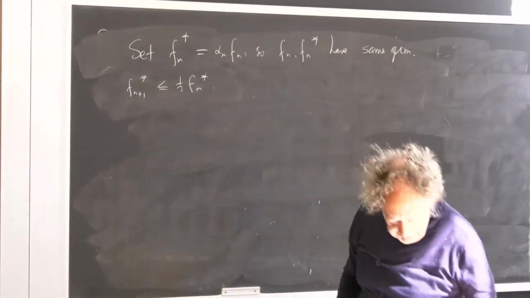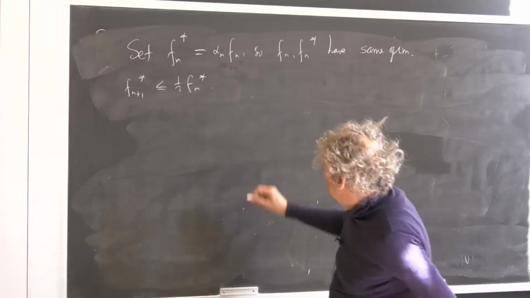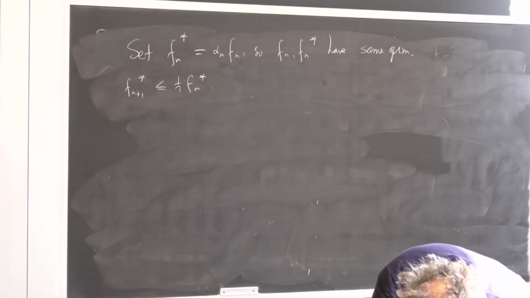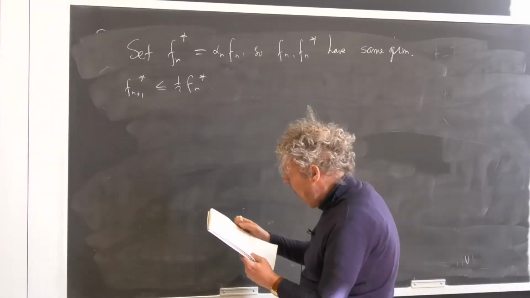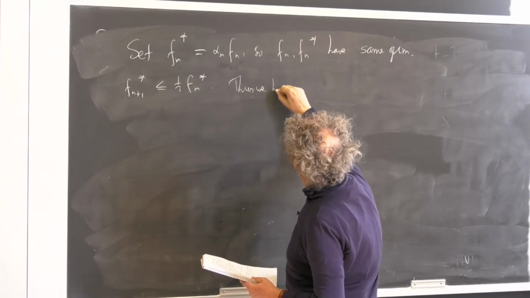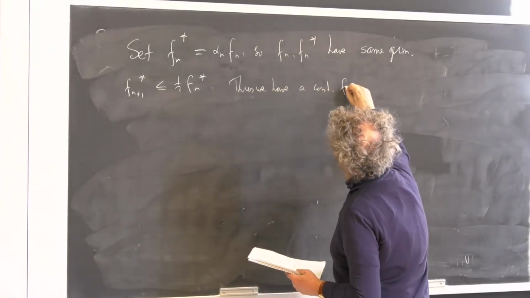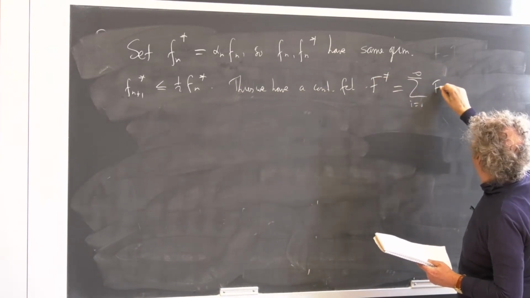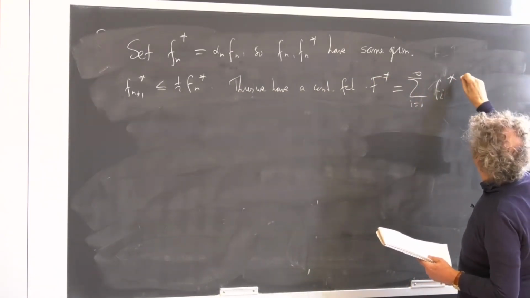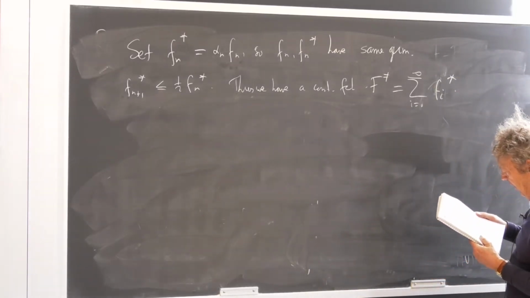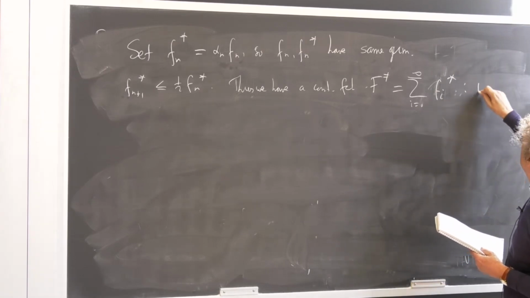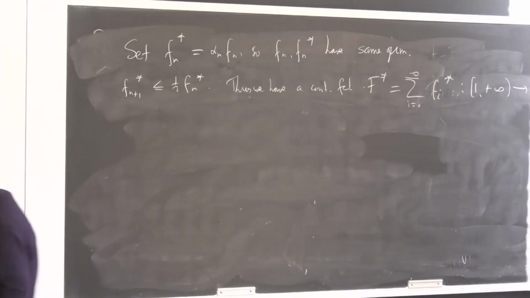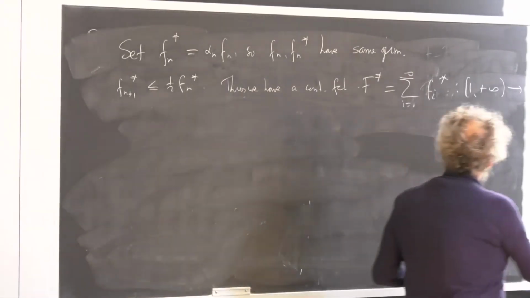In other words, you can still form infinite sums. Thus we have a continuous function f star, and the convergence here will be uniform on each compact subset.